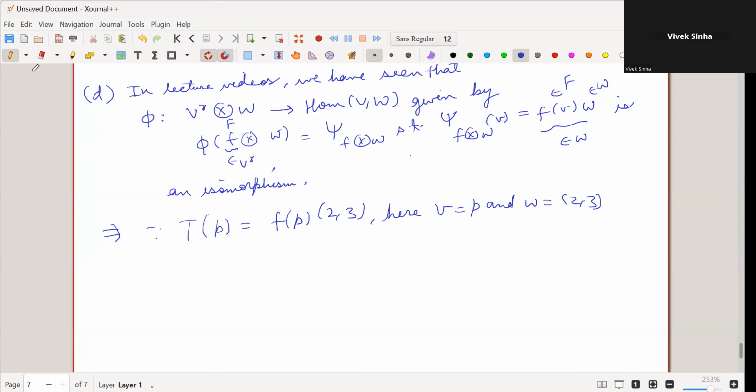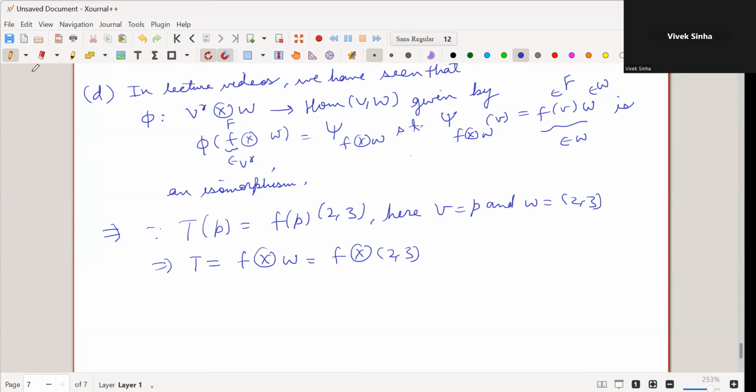So this implies T is nothing but f tensor w, which is f tensor (2, 3), right? This is what we have done, right? f tensor w is mapped to f(P)w.